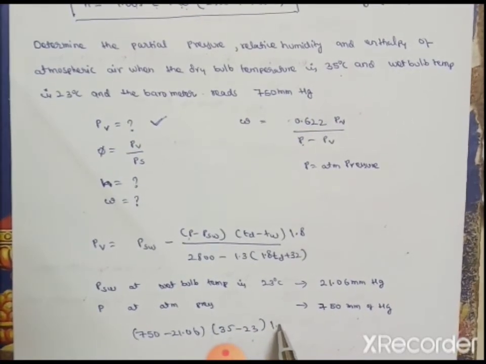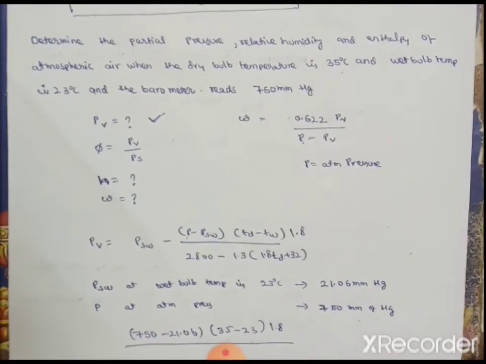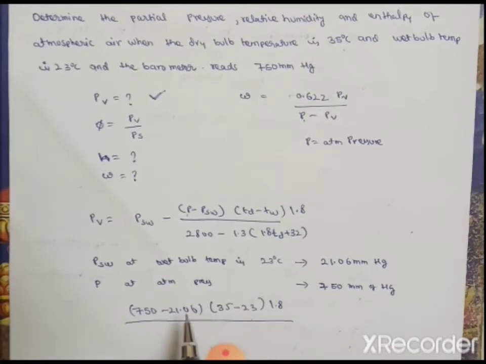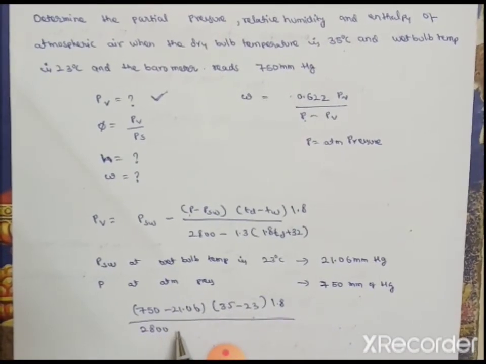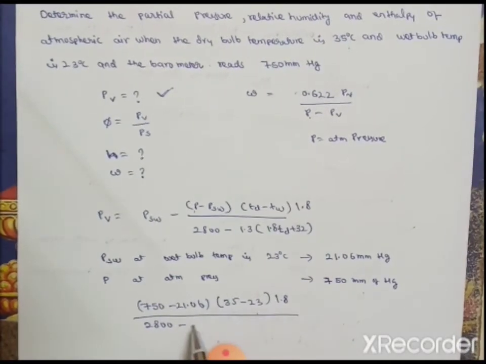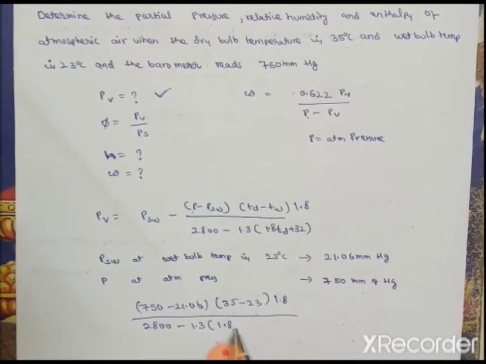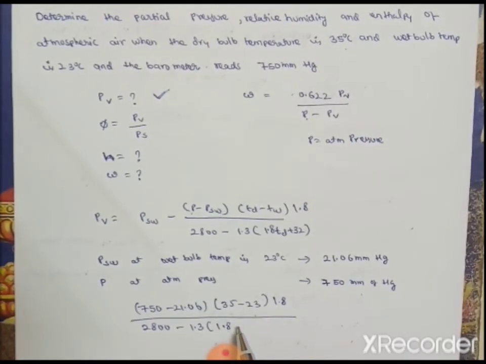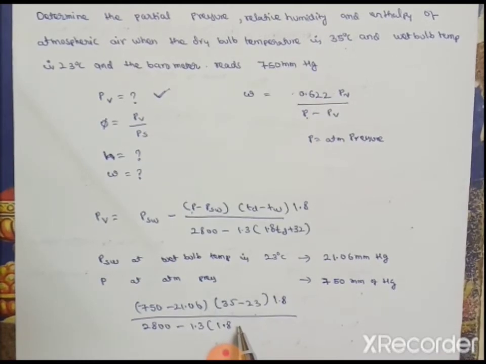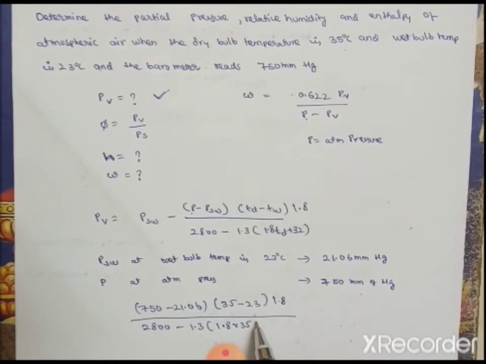So 35 minus 23, divided by 2800 minus 1.3 times 1.8 times 35 plus 32.